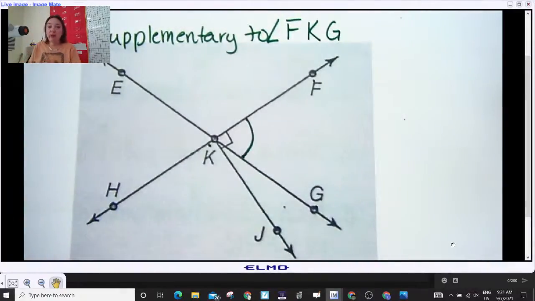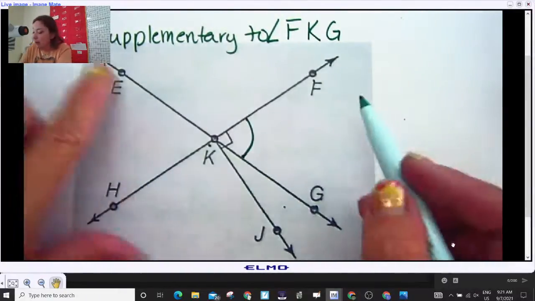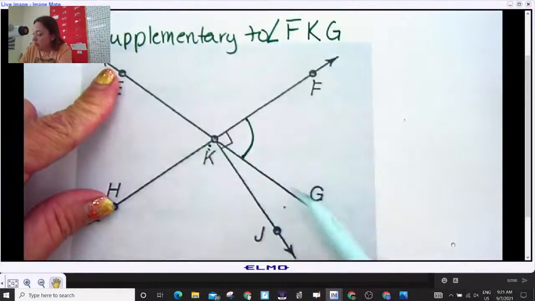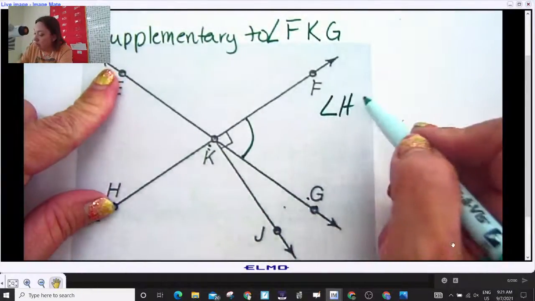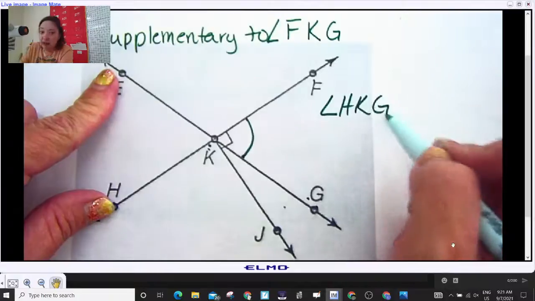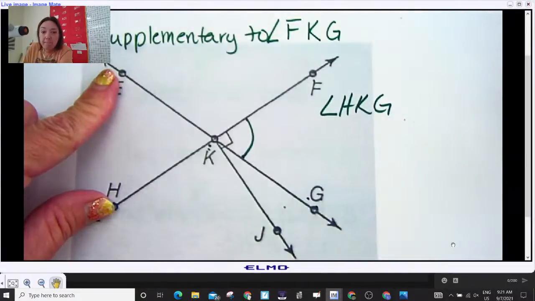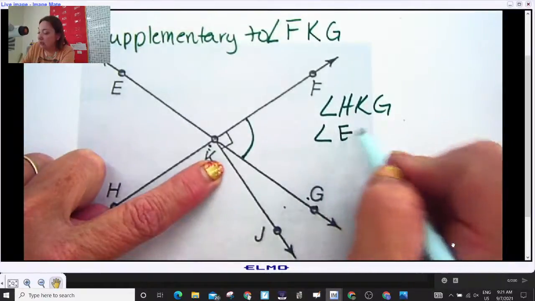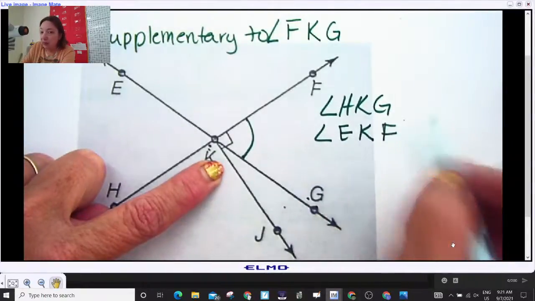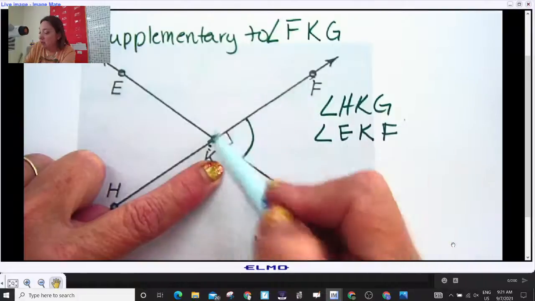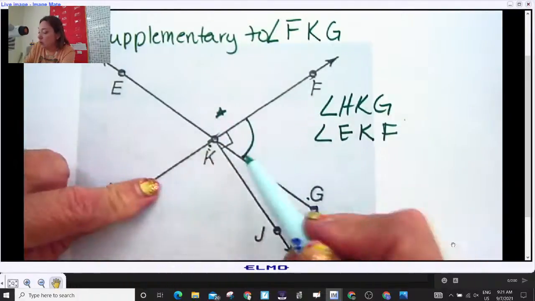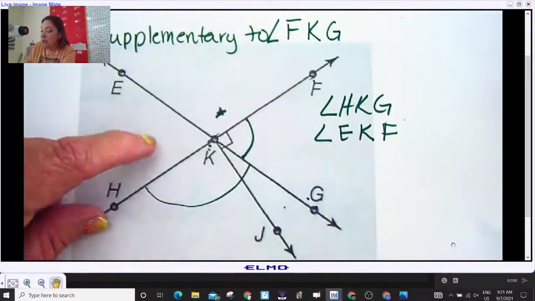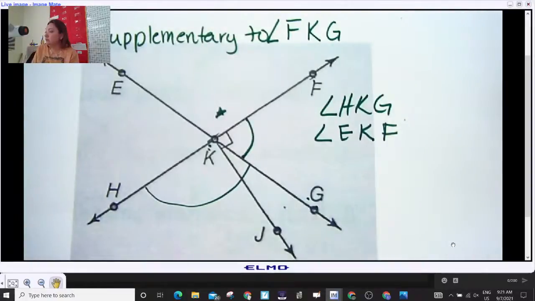So what is supplementary to that? Angle HKG. Is that the only answer? Or we could go the other way and do angle EKF. Y'all see that here? So we could do that angle, or we could do this angle. Either one. Everybody see it?